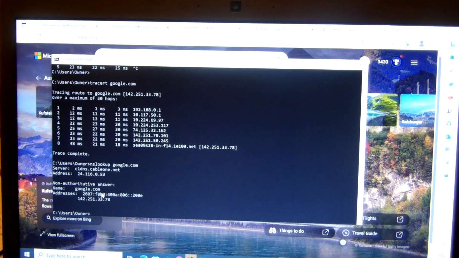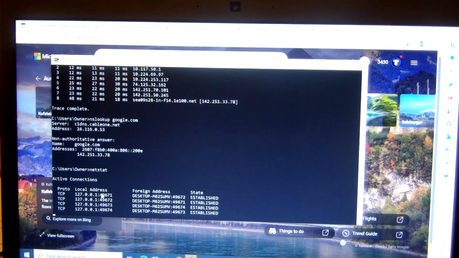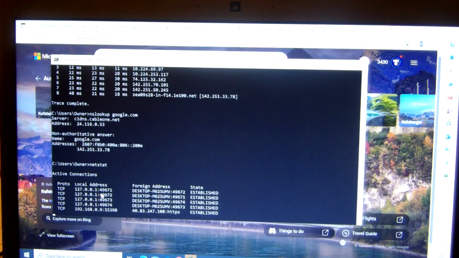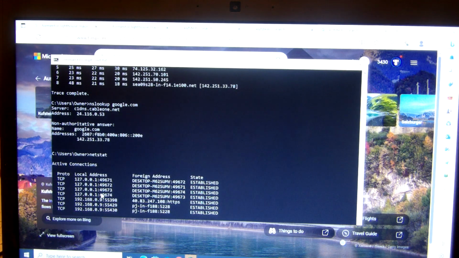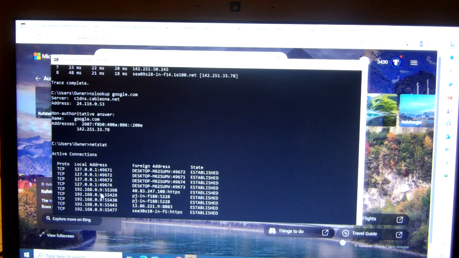So let's talk about netstat. Netstat is good to find out if you have TCP ports or network connections on your system.